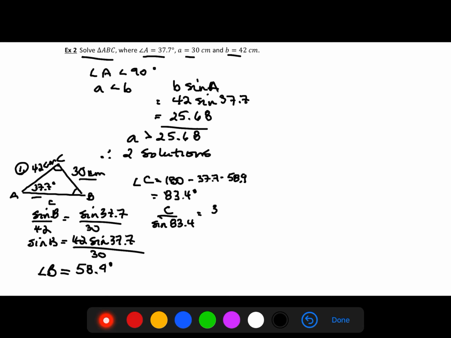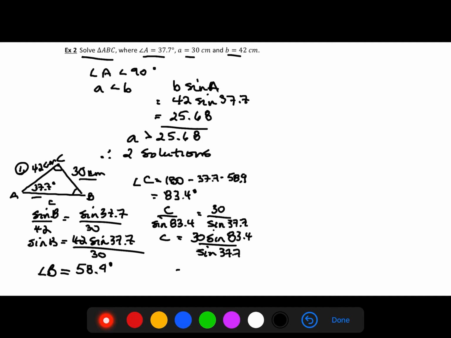Now we still need to find side c. So we're going to do side c over sine 83.4. We're still going to use our a ratio, just because we knew that was given information, so we know that it's correct.